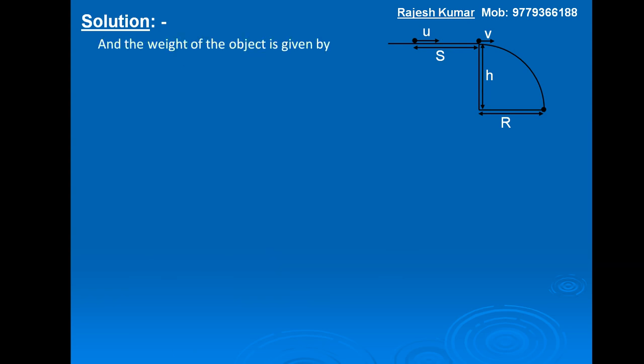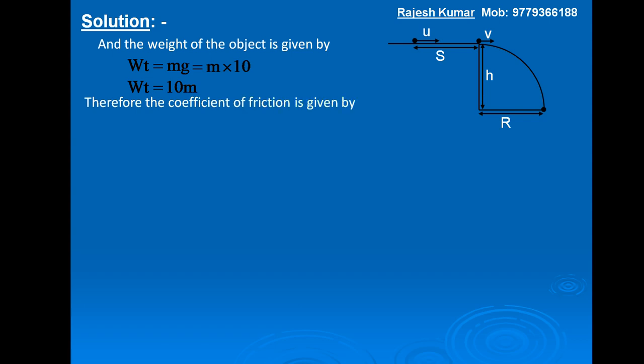And the weight of the object is given by weight is equal to m into g. Now we are given g is equal to 10 meter per second square, so weight is equal to 10 m units. Therefore, the coefficient of friction is given by mu is equal to F upon weight.